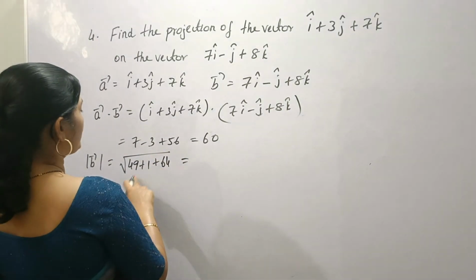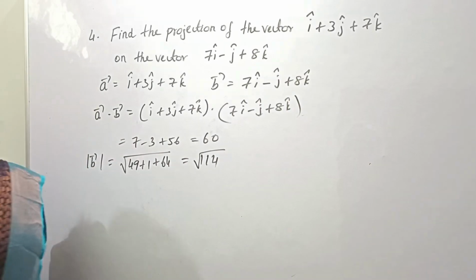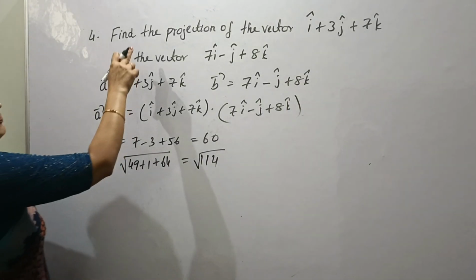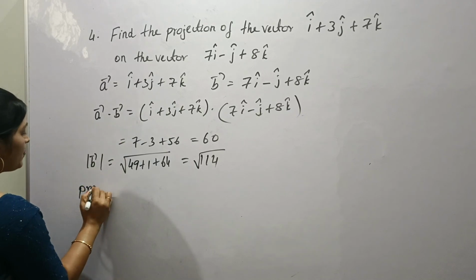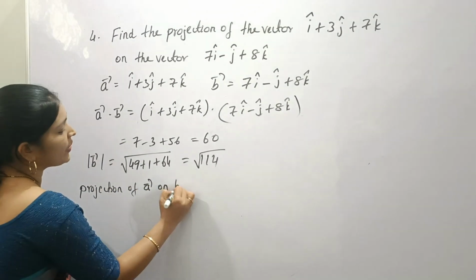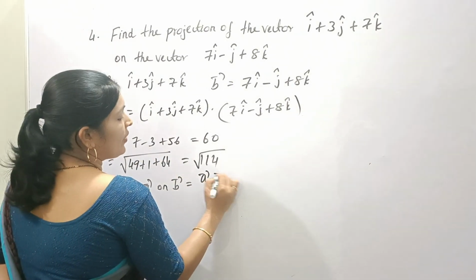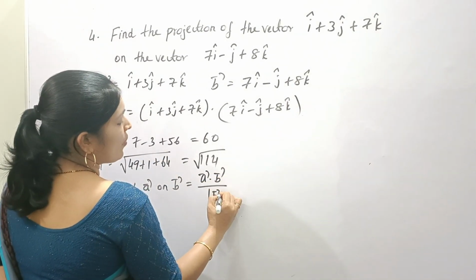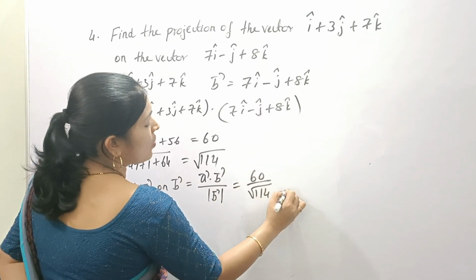That is equal to 50 plus 64, square root of 114. Next we will find the projection of vector A on vector B. Projection of vector A on vector B is equal to vector A dot vector B divided by modulus of vector B. That is equal to 60 divided by square root of 114.